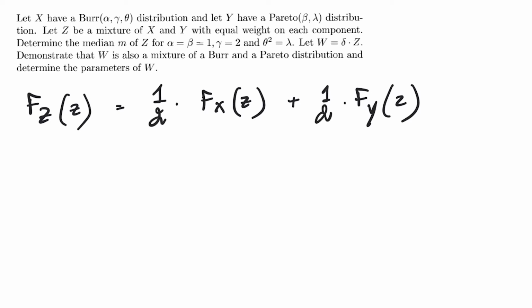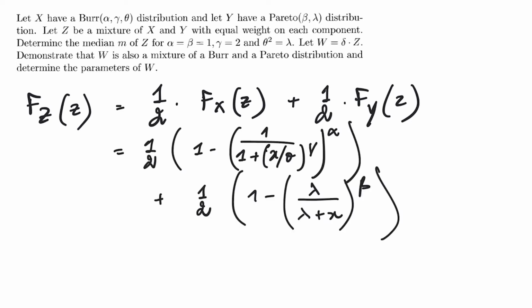Now, x is a Burr distribution and y is a Pareto distribution, so we can fill in these cumulative distribution functions, and these can be found in the appendix of the book.